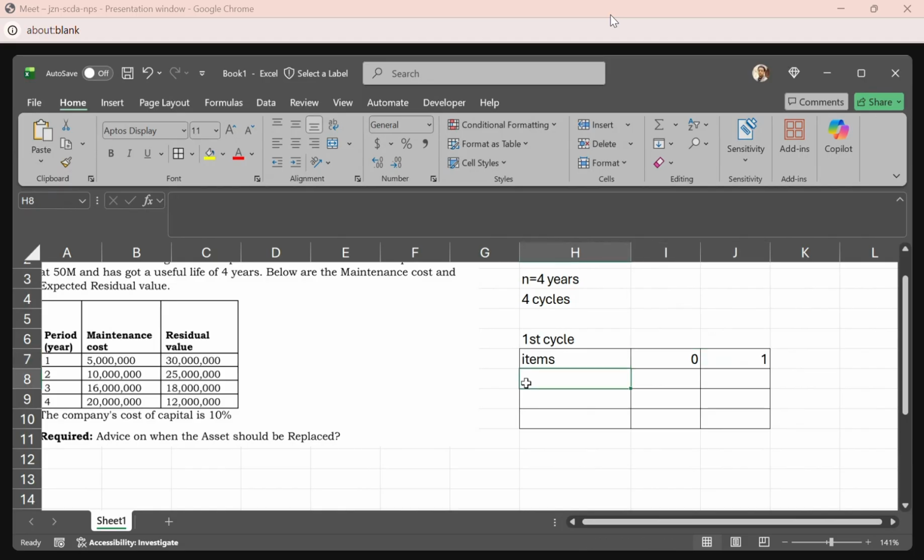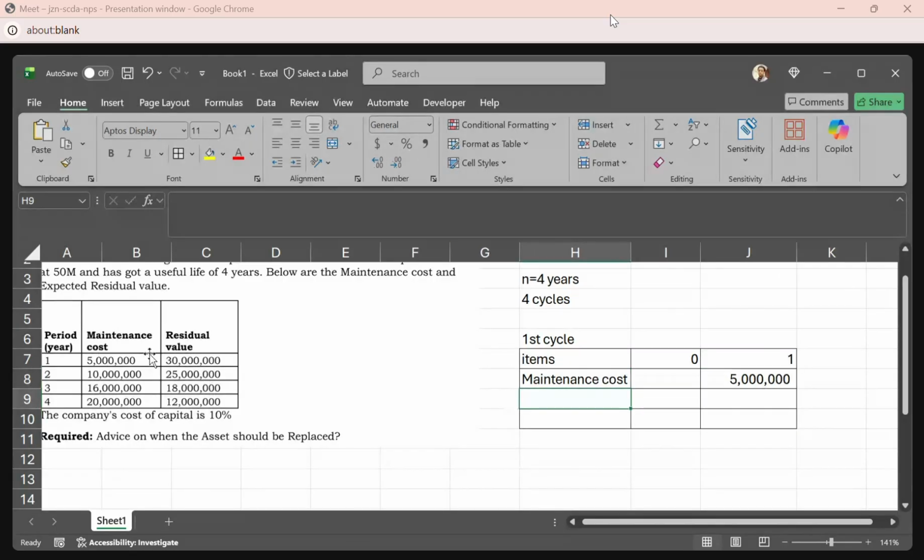So now we have a maintenance cost. Our maintenance cost in the first year is 5 million. And purchase cost is also relevant.